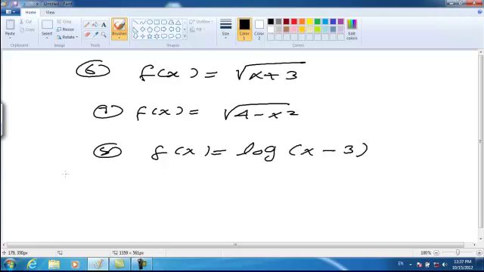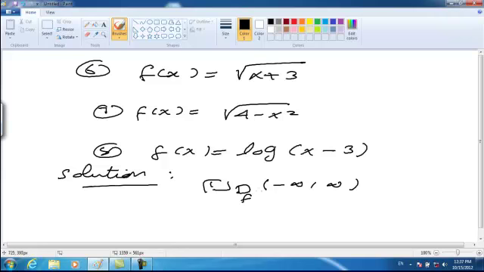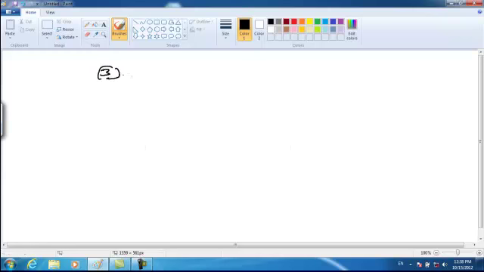Solution. Number 1, domain of f is minus infinity to infinity. Number 2, domain of f is minus infinity to infinity. Number 3, domain of f is minus infinity to infinity.